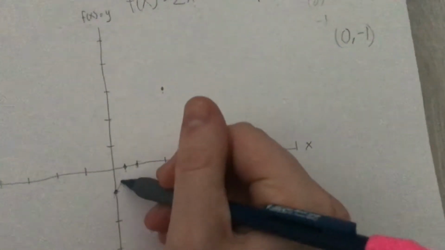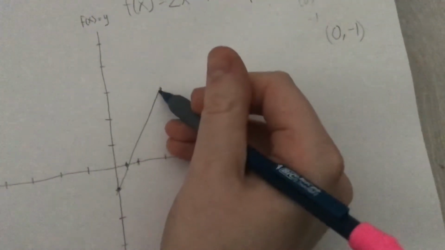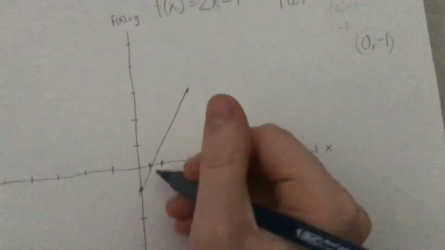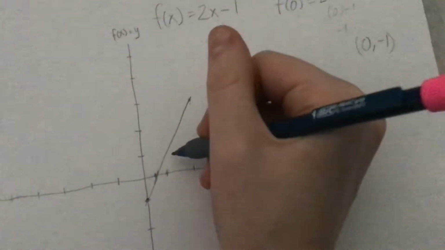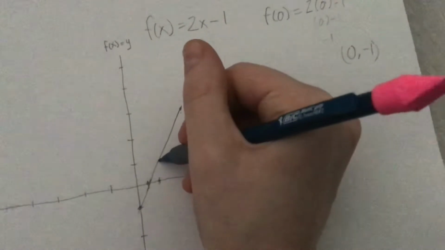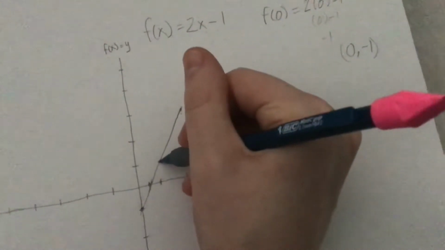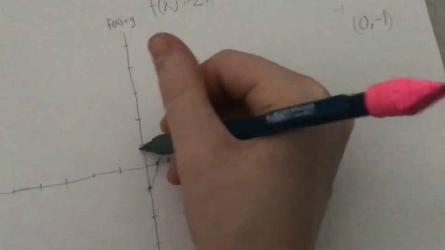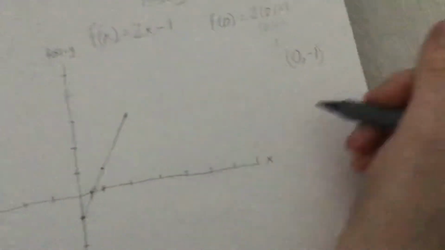If this looks like it's bending, it's not. It's just the way it goes. So now we have this line. Magical line. As a result, we can plot this one here. What is this one? Well, x is equal to 1.